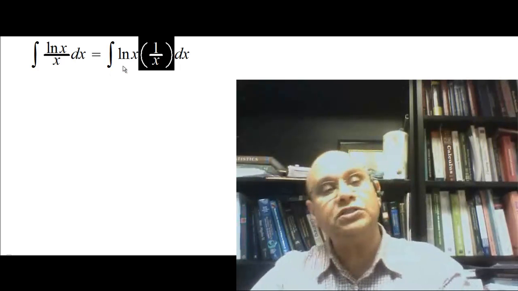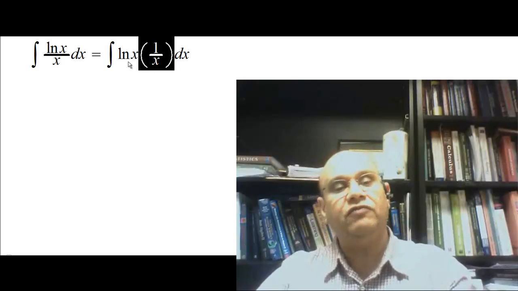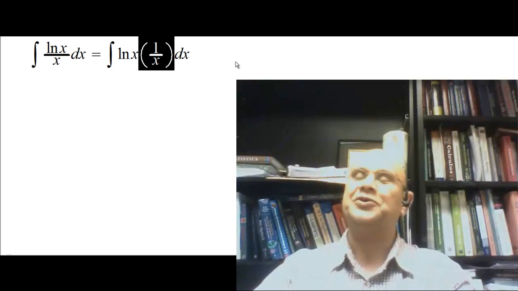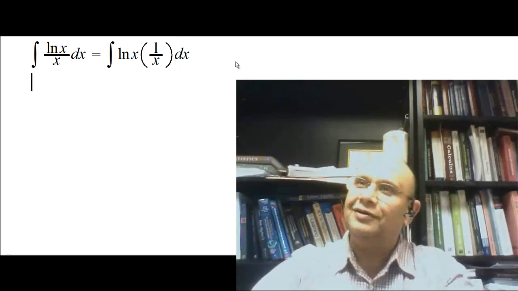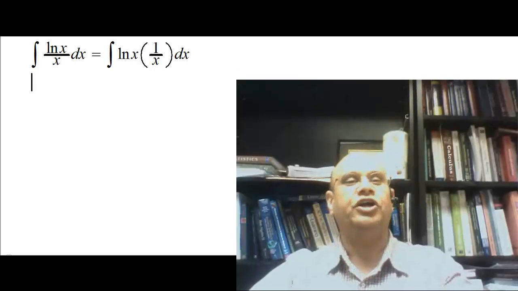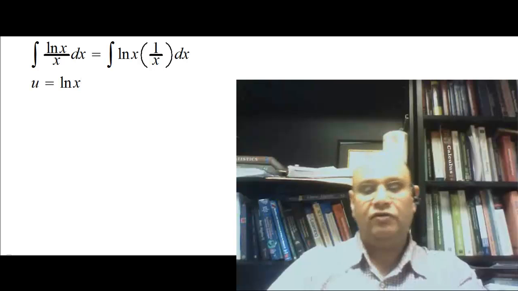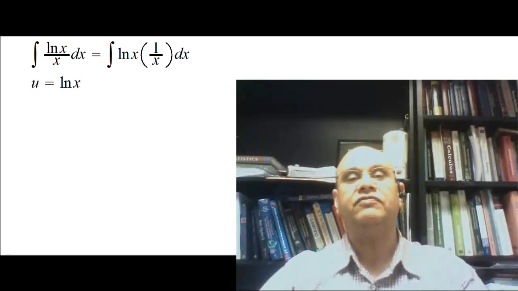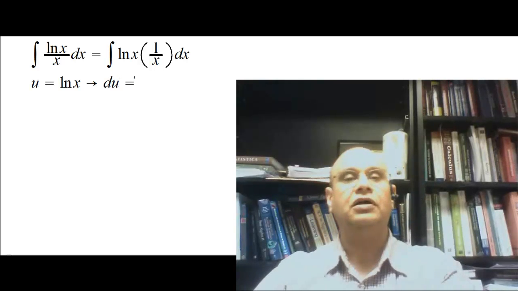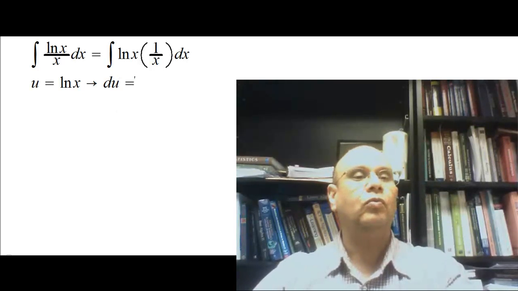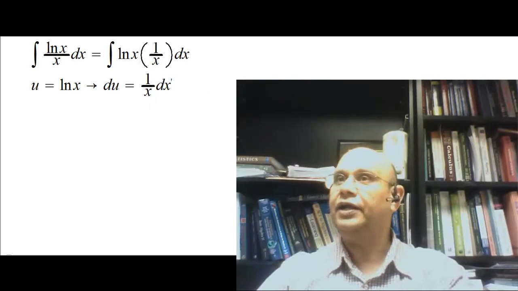Why? Notice this. This 1 over x is the derivative of who? Natural log of x. So who is the candidate for substitution here then? Very good. So if I have u as ln of x, what is that going to give me? du equals 1 over x dx, right?